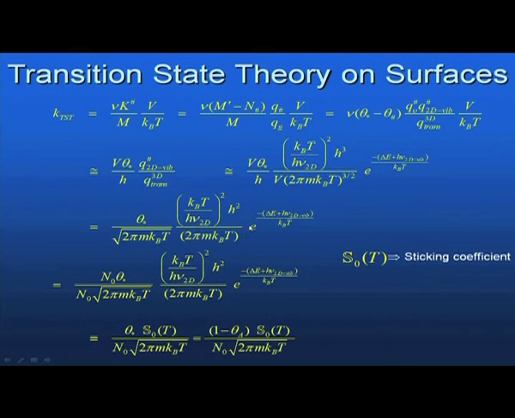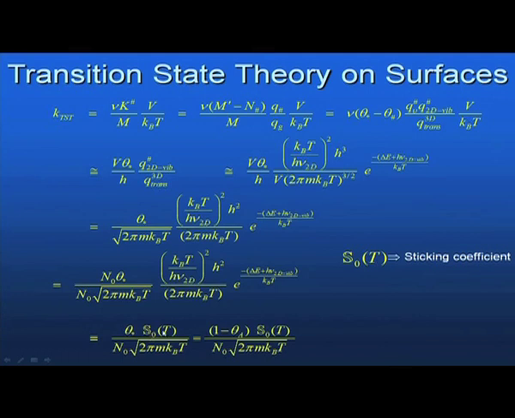And therefore what we get is ultimately this expression. So from this we get that it is proportional to theta star, and other terms are there. So we write the respective expressions, then simplify, and finally KTST comes out to be equal to this, theta star divided by n0, and there is one term S0T, it is called the sticking coefficient.